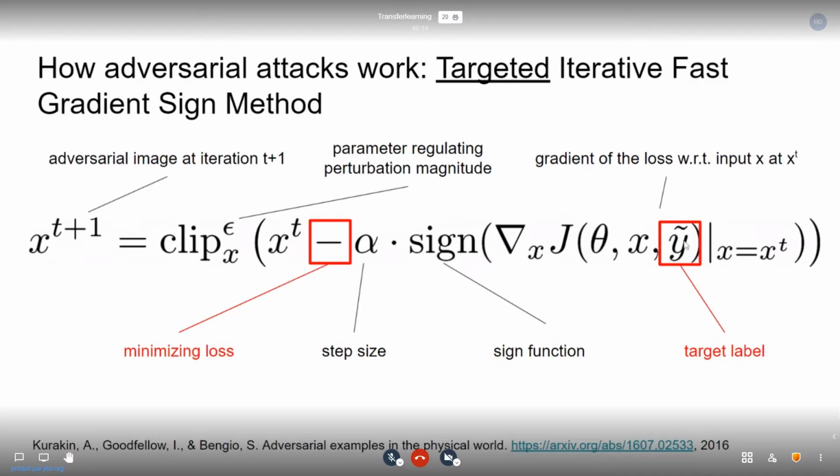And then we need to compute the loss not between predictions and the ground truth, but predictions and the target label. So we're going in the direction that minimizes the mismatch between the predictions and the target label.